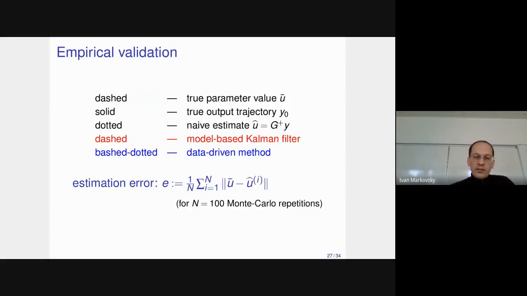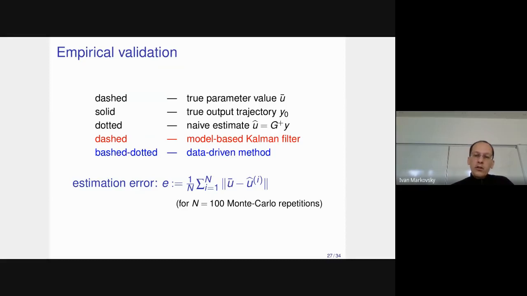In the simulations that I present, one method I compare is the model-based one, assuming I know the exact parameters of the data-generating system. So this is the maximum likelihood, the best you can get. And the other is the data-driven method, which doesn't use the true model, it uses only the data.